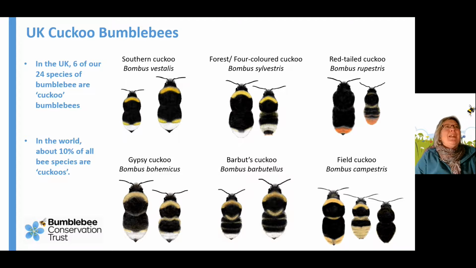This lifestyle, if you like, this evolutionary behaviour and life history has occurred in many bee species across the world, with about 10% of all bee fauna globally being cuckoo bees of one sort or another. Okay, but these are our 6 UK species, and without further ado, we'll find out a bit more.